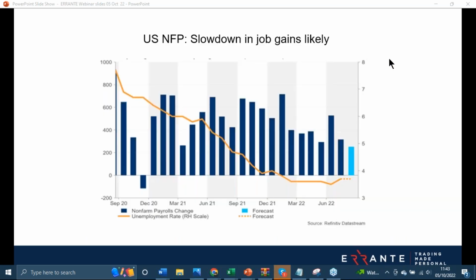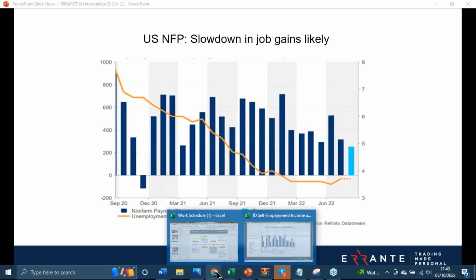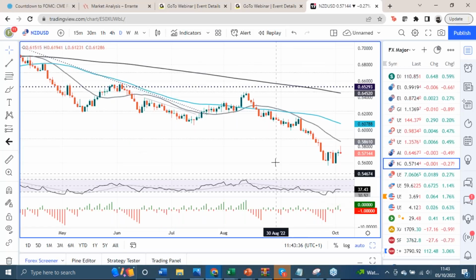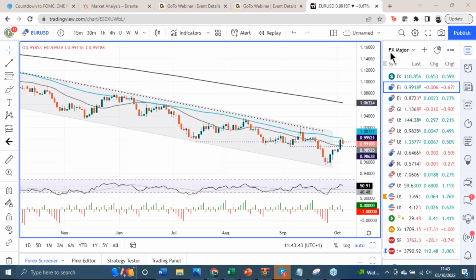If we just look finally at euro dollar, to check where we are as we go into non-farm payrolls on Friday, euro dollar here, of course, is the world's most popular currency pair.